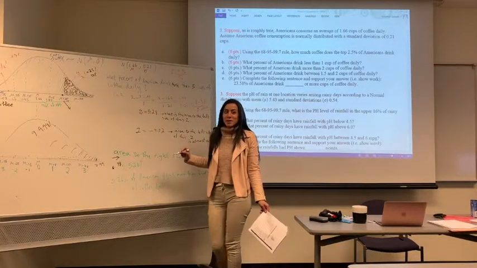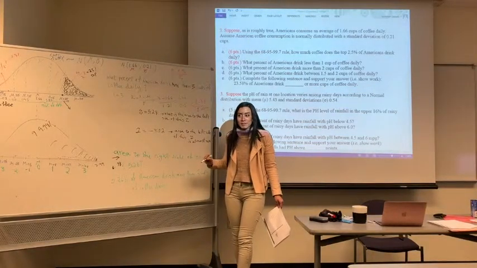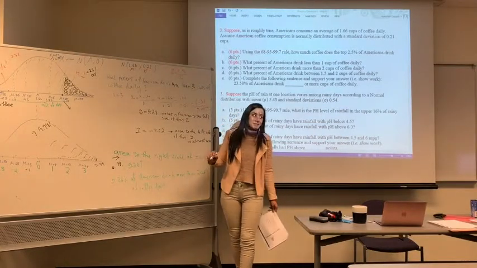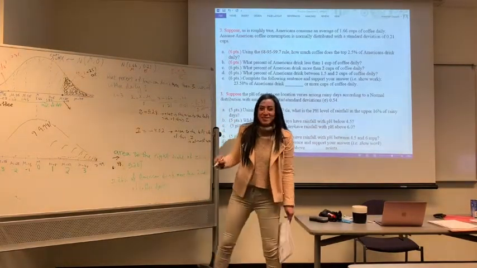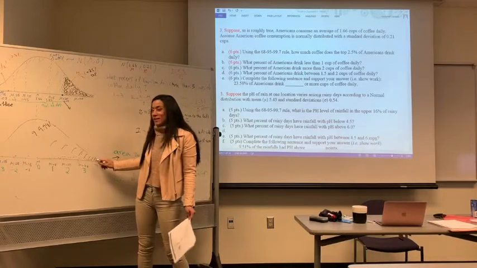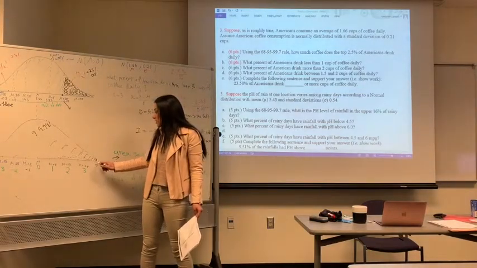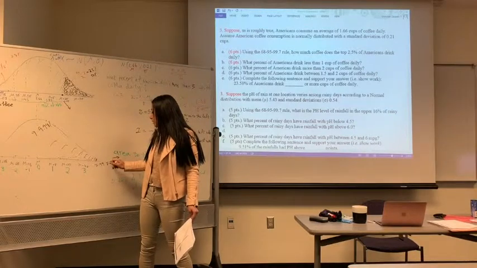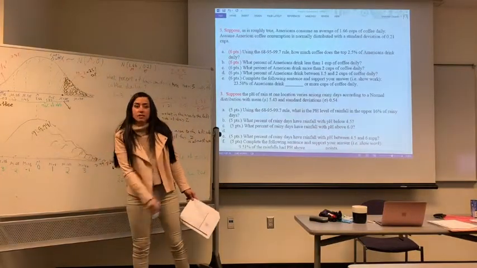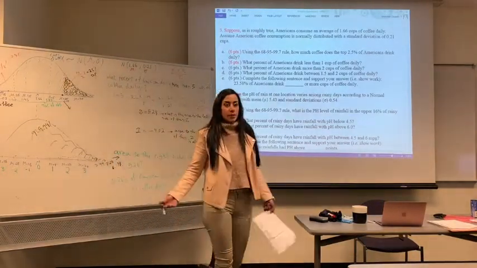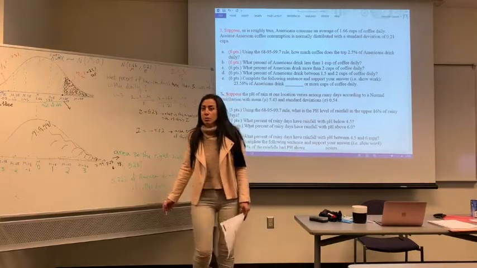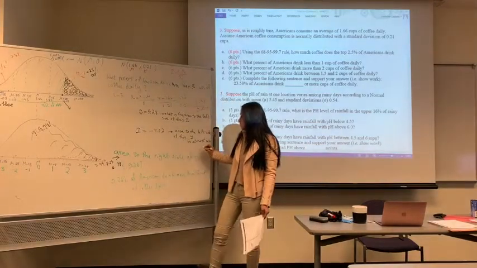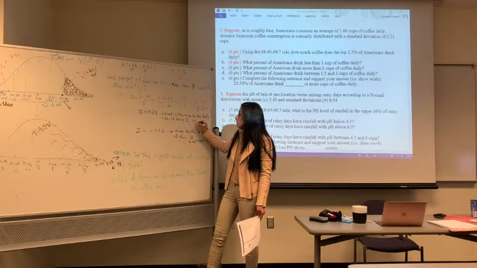Almost 1. Because we said to the left side. So imagine your z value is now 5.28. All the area to the left side is almost 100%, correct? Almost 100%, or almost 1.